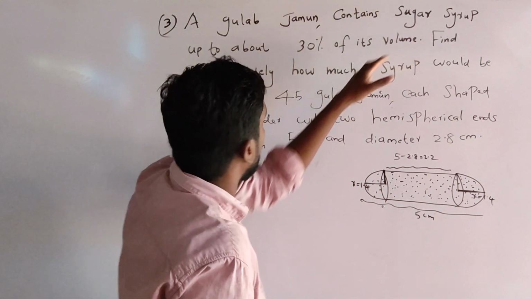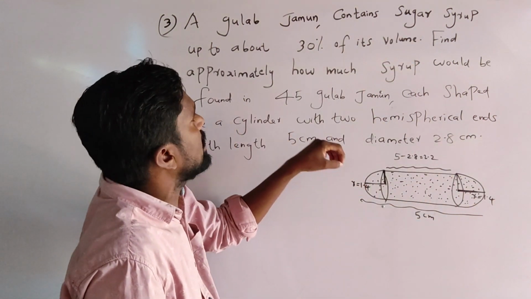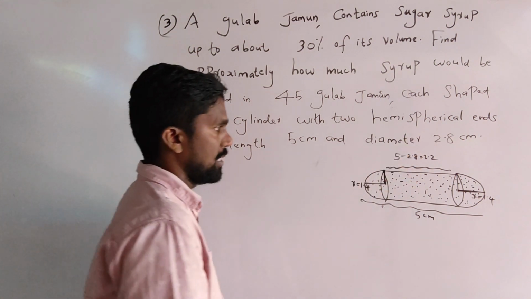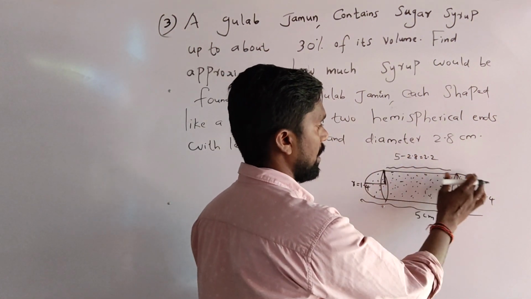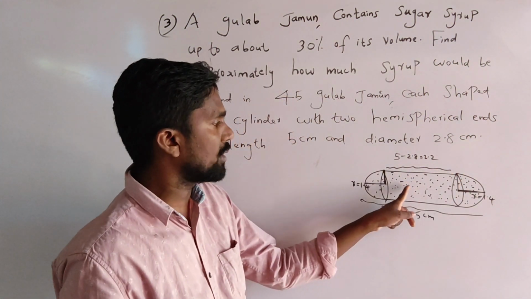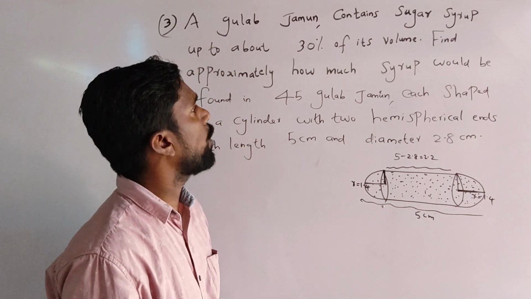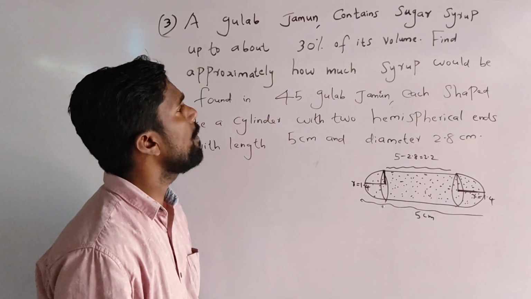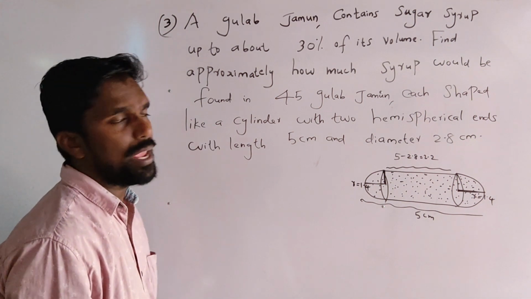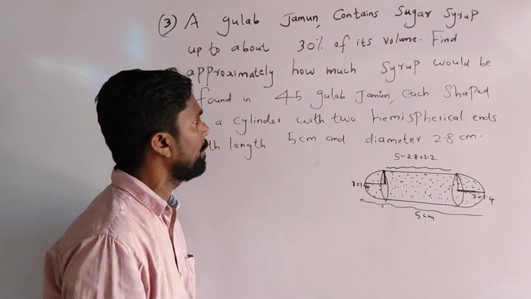It's 30% sugar syrup, you can see. Suppose this is the gulab jam, and this dotted thing is the sugar syrup. Find approximately how much syrup would be found in 45 gulab jam.